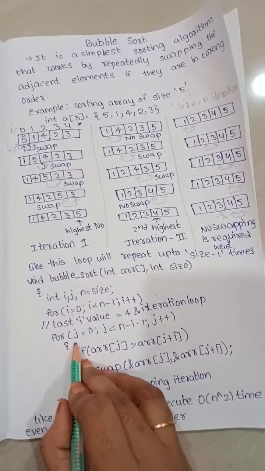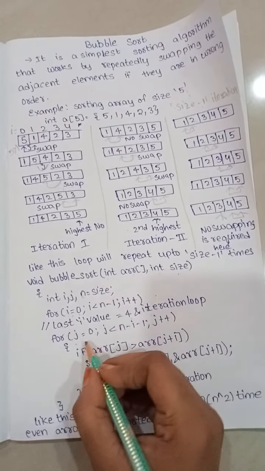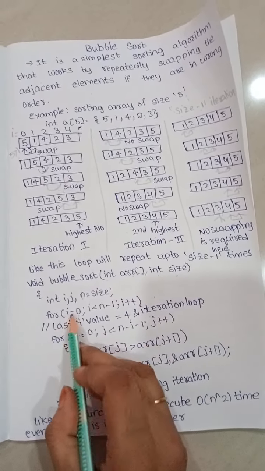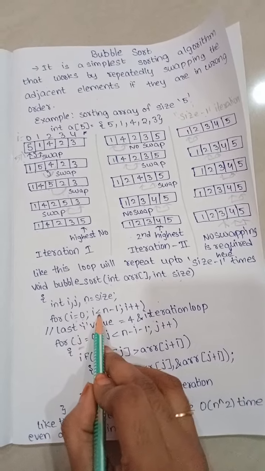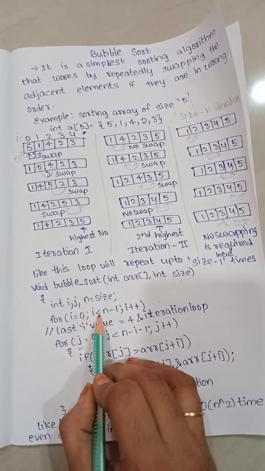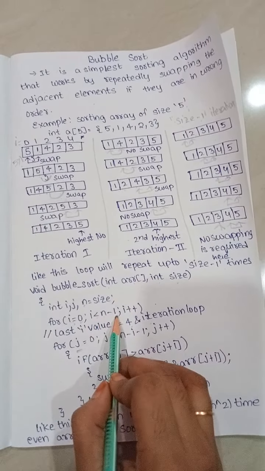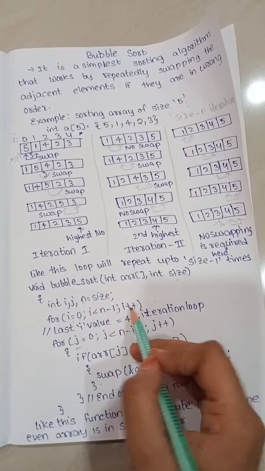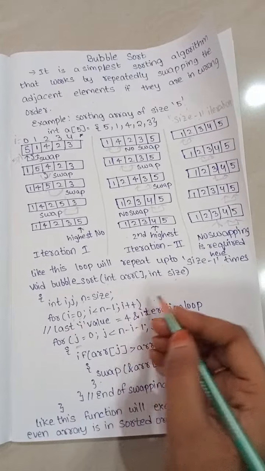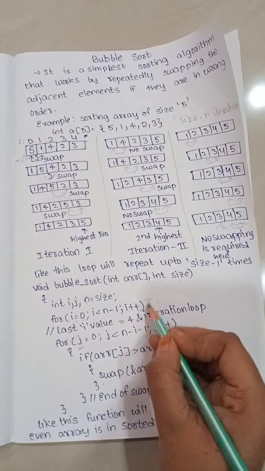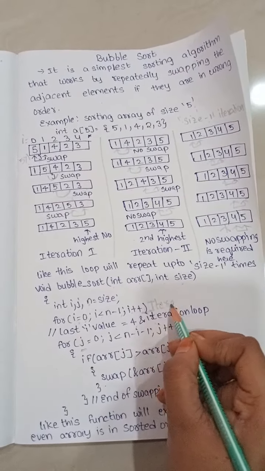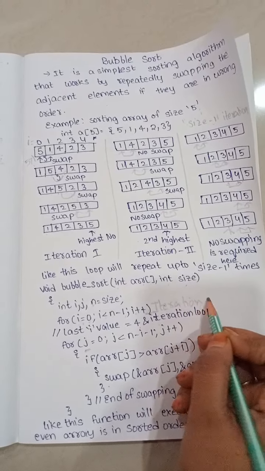For doing swapping and comparison I am using the j value. For i equal to 0, how many times do I have to repeat this? Size minus 1 times, and it will increment every time. That is, the i value means iteration. I am using the i value for iterations.